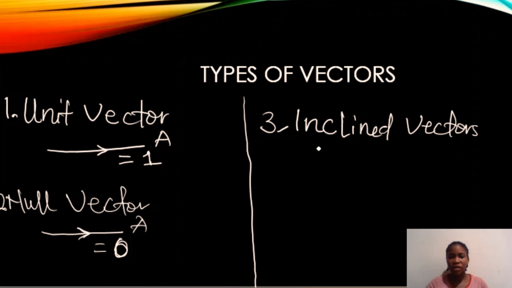In this case, let's take a vector going in this direction and another vector. So they are inclined at an angle which is greater than 0 degrees. And this type of vector is called an inclined vector.